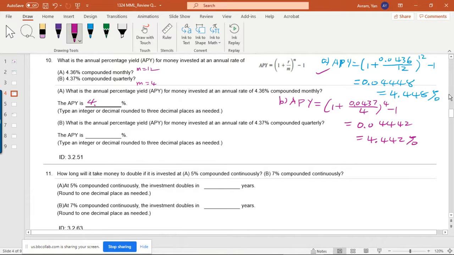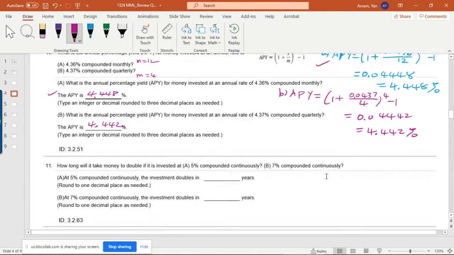Because the A here is 4.448 and the B here, APY here, is 4.442. Okay, so if you have money to deposit, you will need to choose this one right here because it gives you a little bit higher APY, the annual percentage yield. All right, so plug it into the formula, into the calculation.